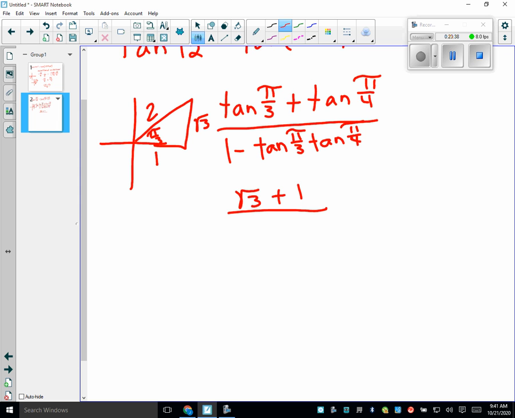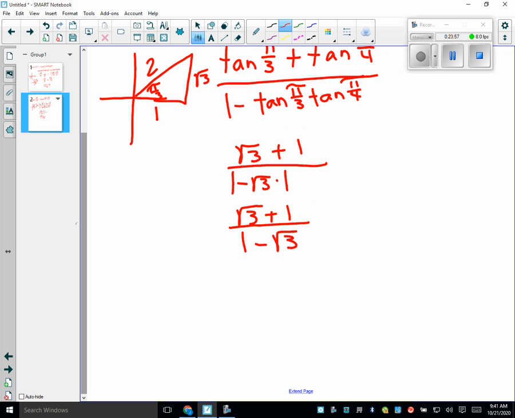Now, once I have found these, I'm going to use the same ones in the denominator. Right? 1 minus radical 3 times 1. Well, it's the same thing. No, it is not. I have radical 3 plus 1 on top, and on the bottom it's a minus: 1 minus radical 3. Can we get rid of the radical 3?